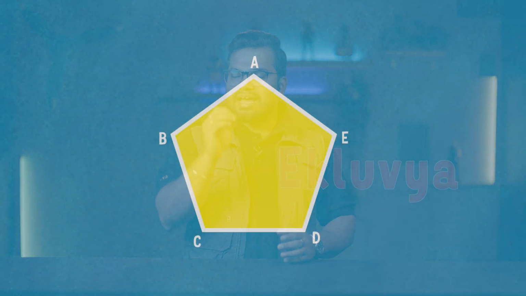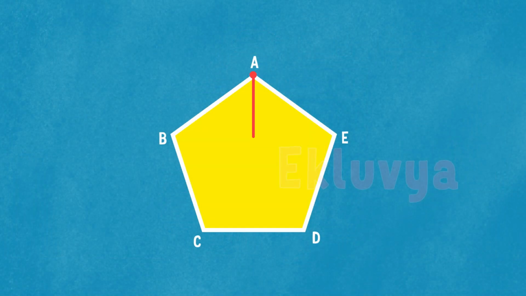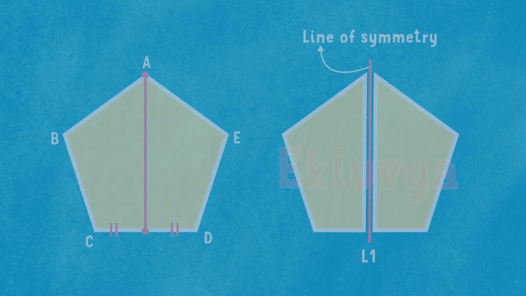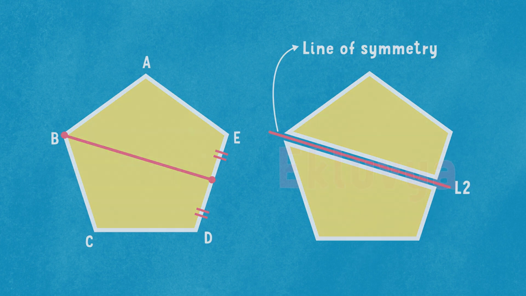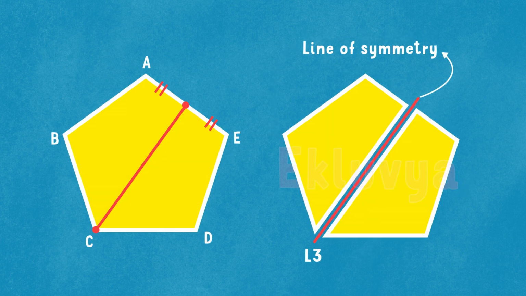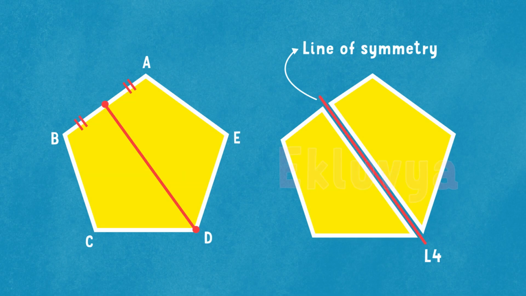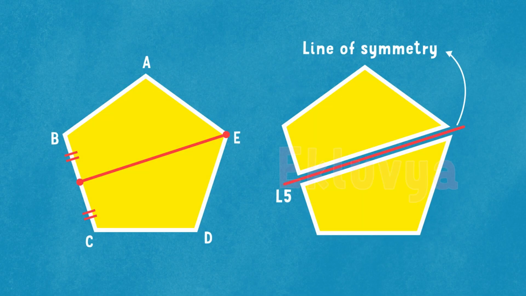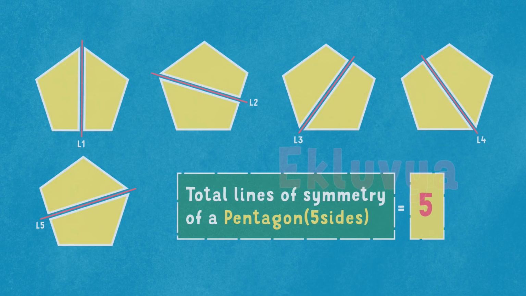Similarly, if we take a pentagon, you will notice that the line of symmetry joins the vertex to the opposite side's midpoint. And you can repeat this process for each of the 5 vertices. And we will end up with 5 lines of symmetry.